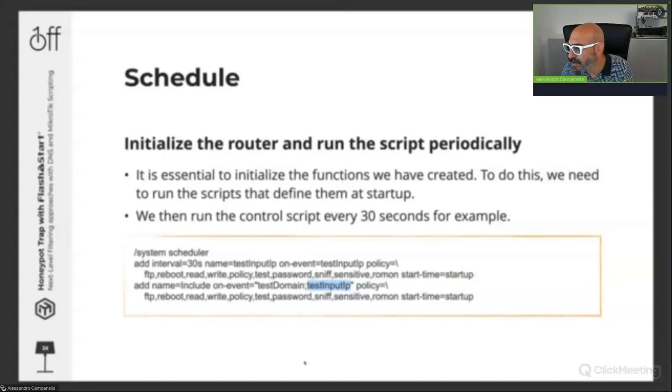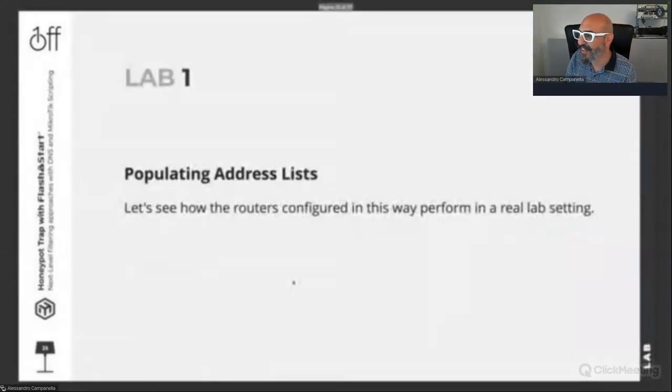There is an error on the slide. I will send you the correct one. This is not the correct include script. We need to include the other function, the test domain and get domain here, not the test input IP. Not a big deal, of course.